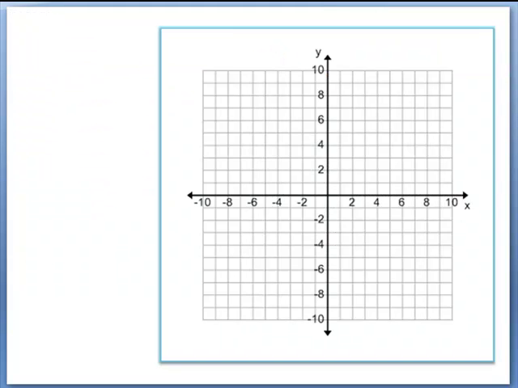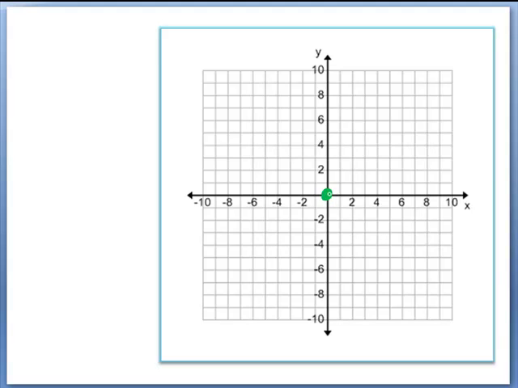Okay, so for the first equation, let's color code again, and we'll use the orange and green. The first line has a slope of negative 5 over 1 and a y-intercept of (0, 0).